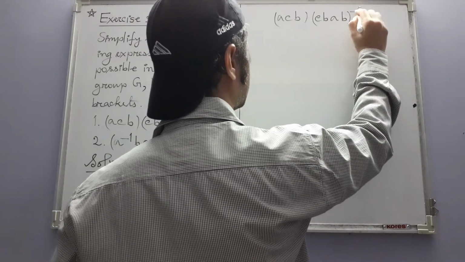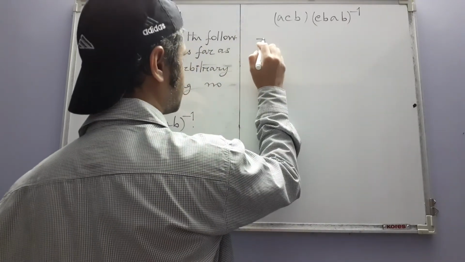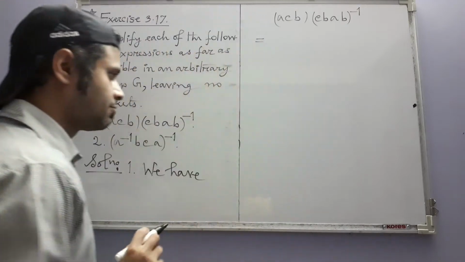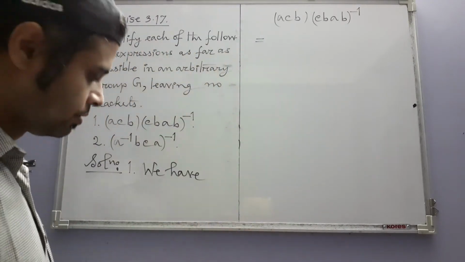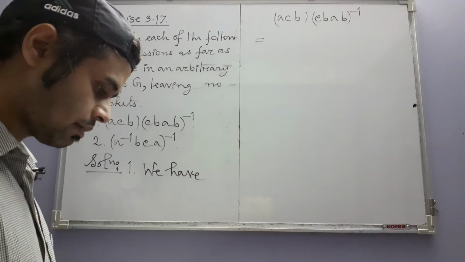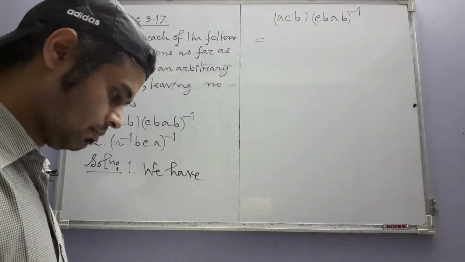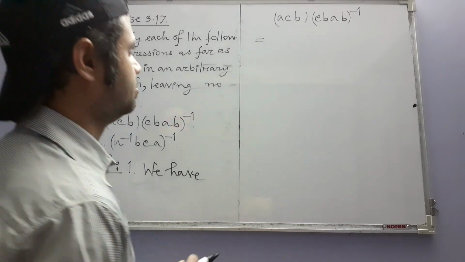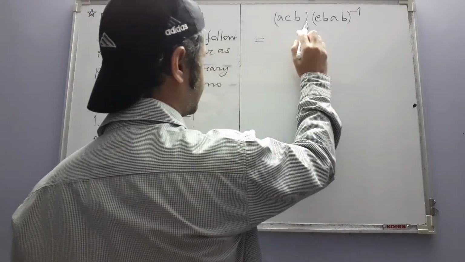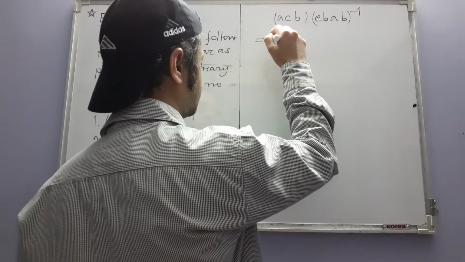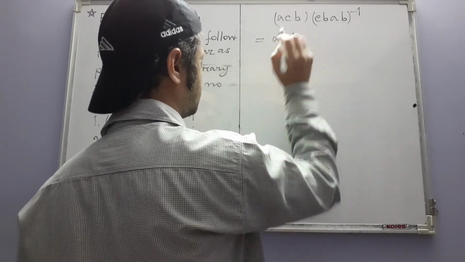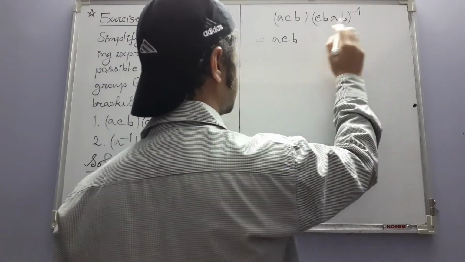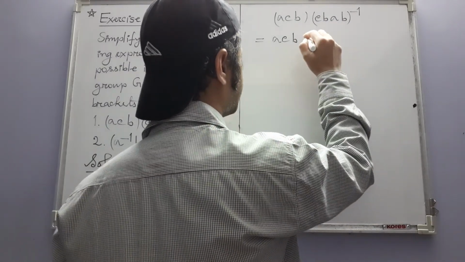First of all, because of the general associative law, which is Theorem 3.3, this bracket is not needed. So we can just simply write ACB and then this element, which is the inverse of something.